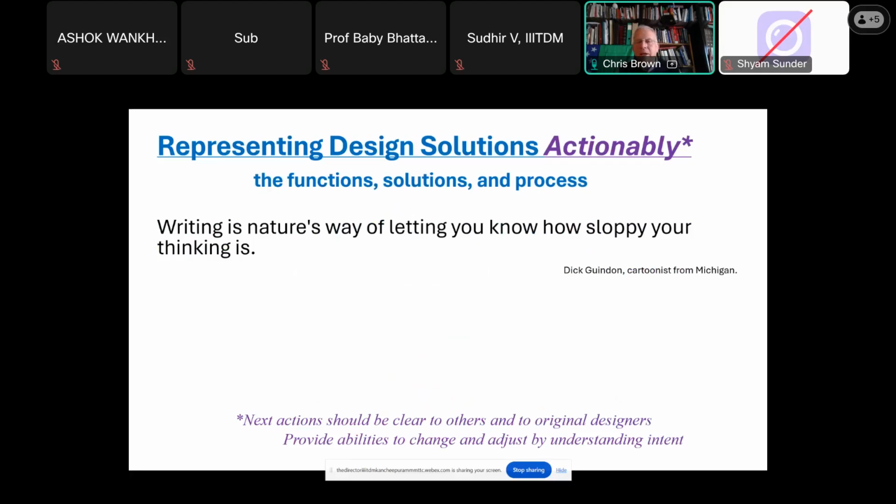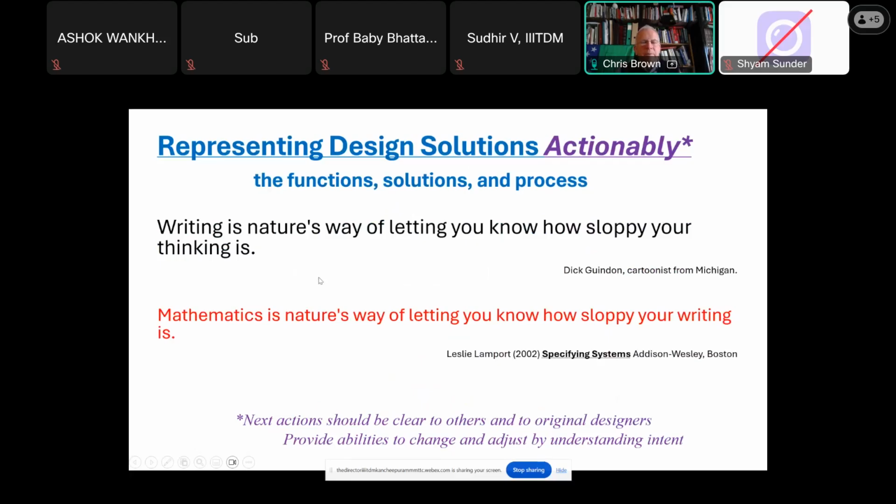I'm sure anybody that's gone to write down their ideas realizes you've got to stop and think and refine your thinking to render your ideas into words. The same goes when I make a drawing. But for today, we're not considering the drawing part so much, though it should be integrated, of course. Many designs require drawings. All right, so mathematics is nature's way of letting you know how sloppy your writing is.